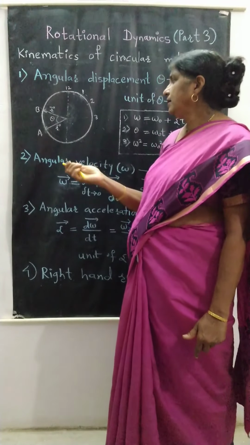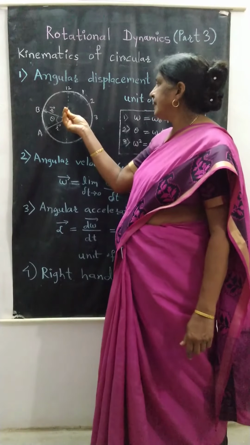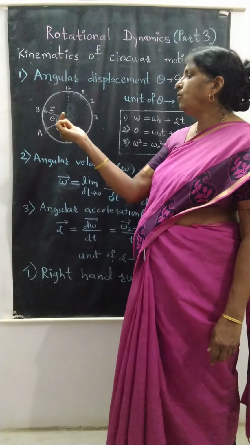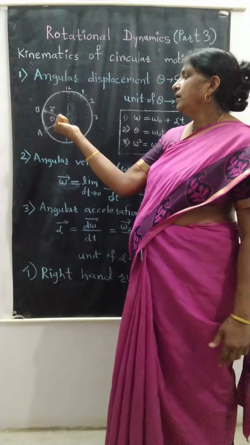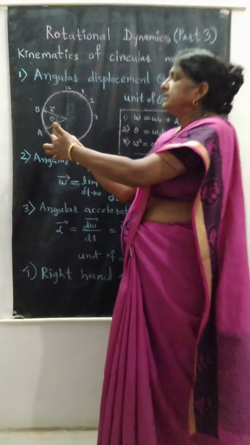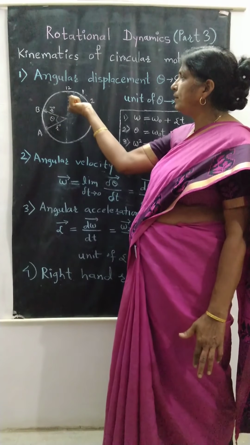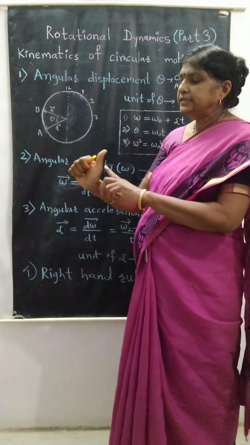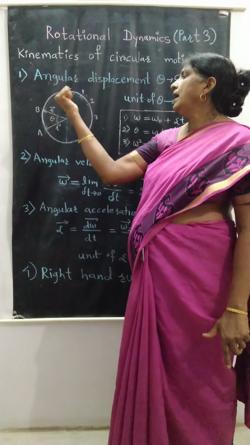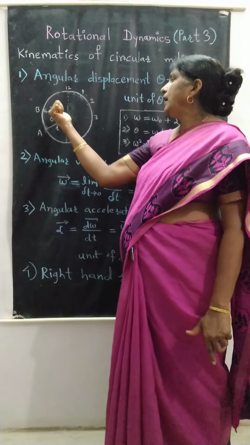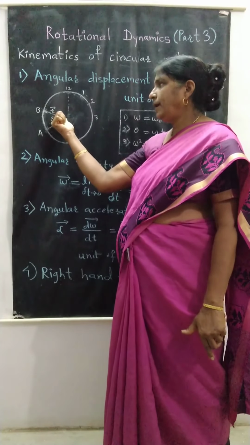On the other hand, if the particle is moving in clockwise direction, then I will have to hold the axis of rotation in this manner. Again, the curled fingers show the direction of rotation of the particle, and the thumb is stretched along the axis of rotation and is pointing in the inward direction, which is the direction of omega.